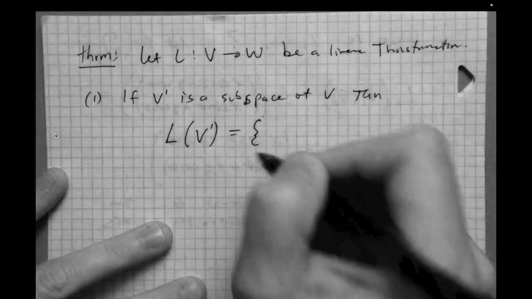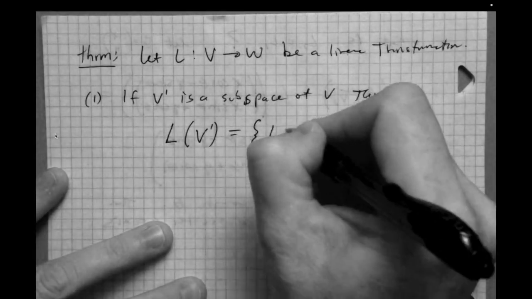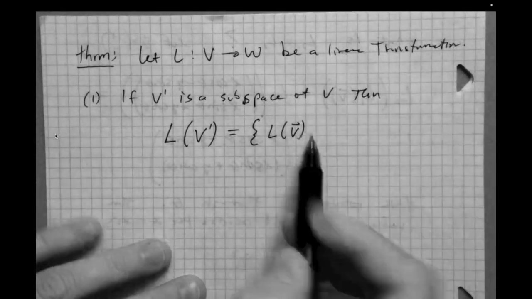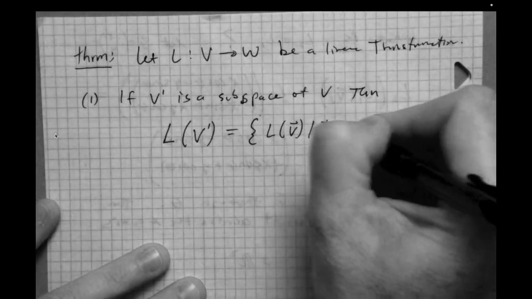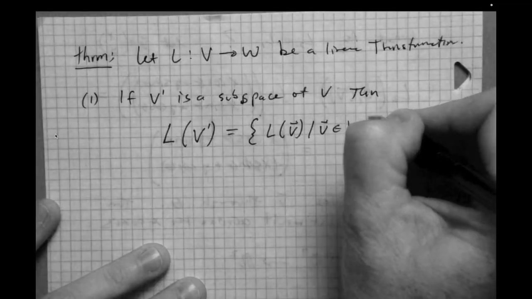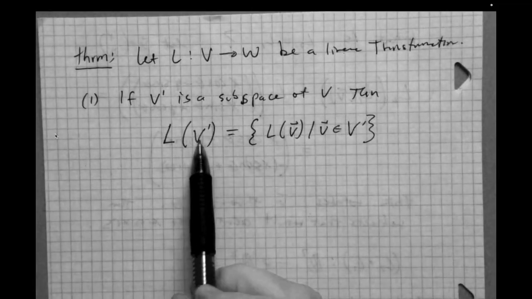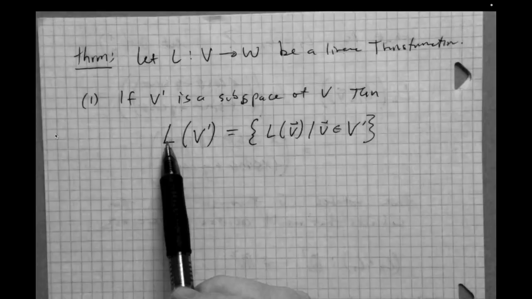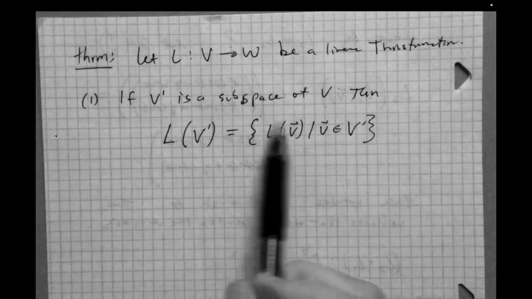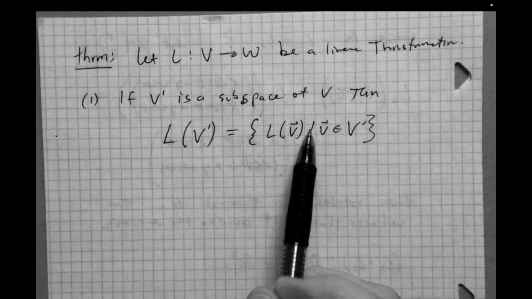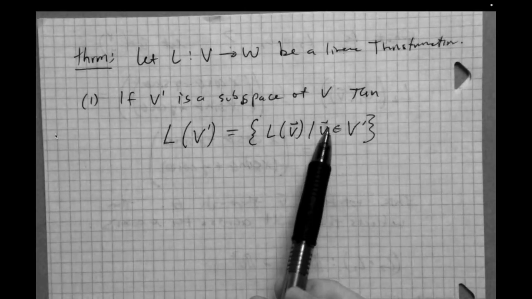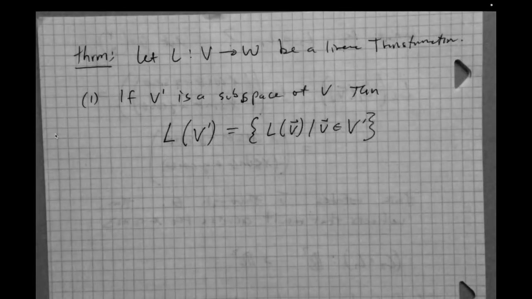Well, let's define that. That's going to be all of the vectors L of v such that v is in V prime, right? So I start with V prime and I apply the linear transformation to it, and I get a whole bunch of vectors, all of which have as their domain the subspace V prime.